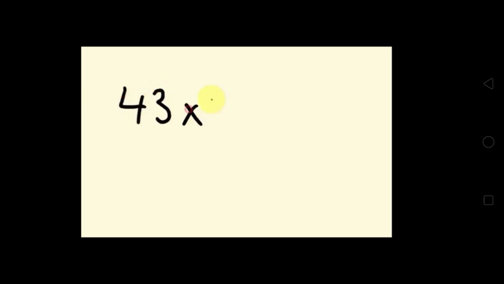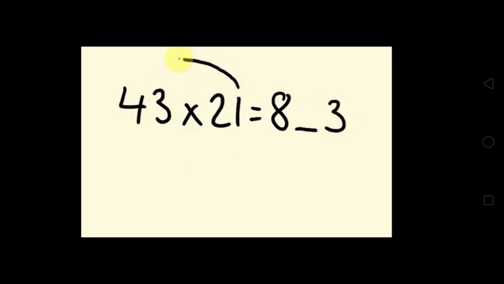Next, let's say we have 43 times 21. So multiply first the tens digit. 4 times 2, you got 8. And then space, 3 times 1 is 3. Then multiply the outer and then the inner.